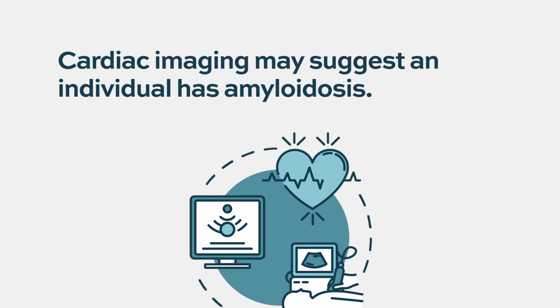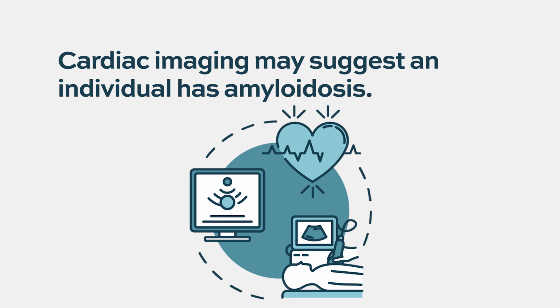The other kind of testing that might suggest amyloid without definitively diagnosing it is cardiac imaging. Echocardiograms typically show thickening of the wall between the bottom chambers of the heart, and may show what we call a speckled pattern, which means there's protein infiltrating the heart wall, and that has a certain appearance on the echocardiogram.